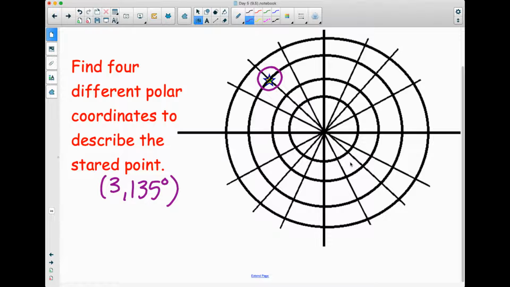What's another one? 3, -225. What's another one?